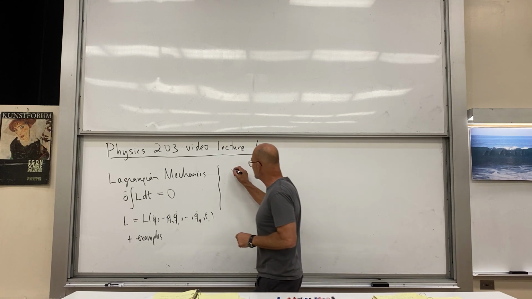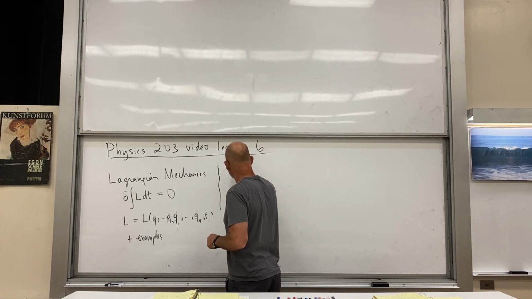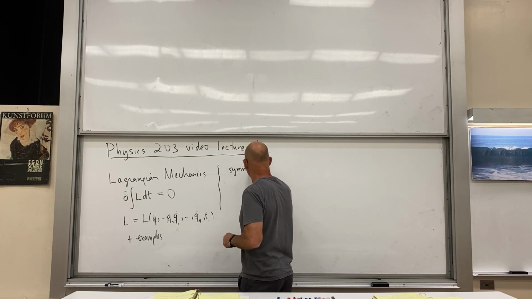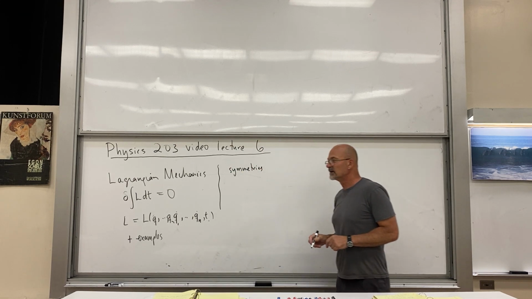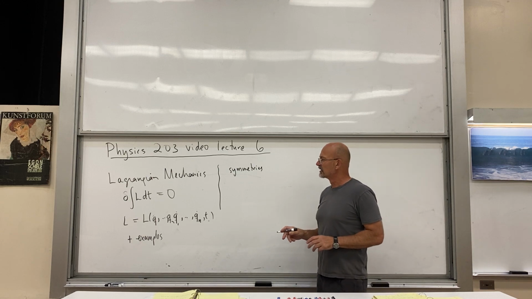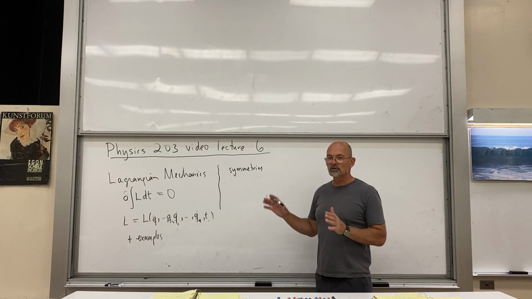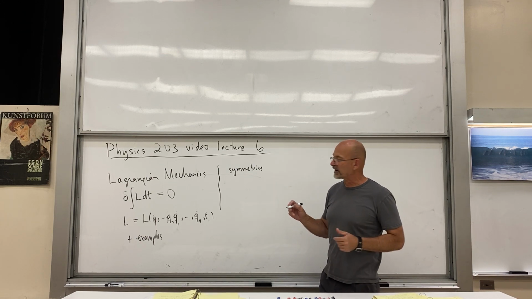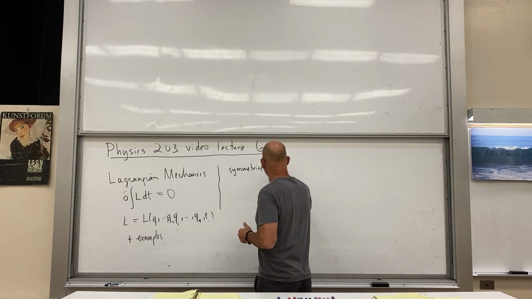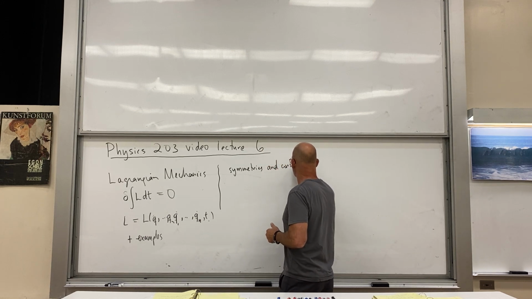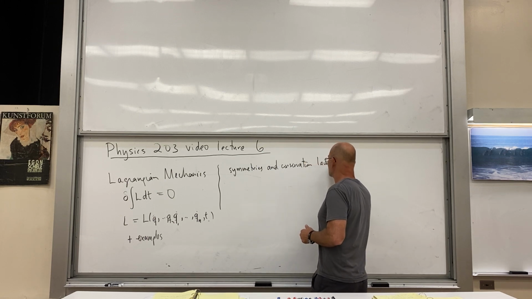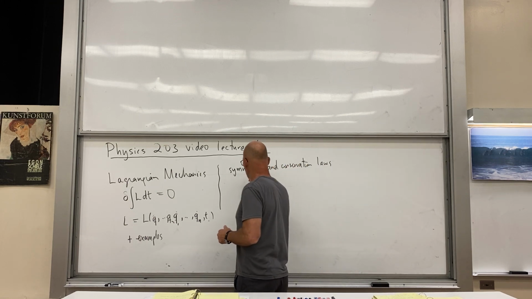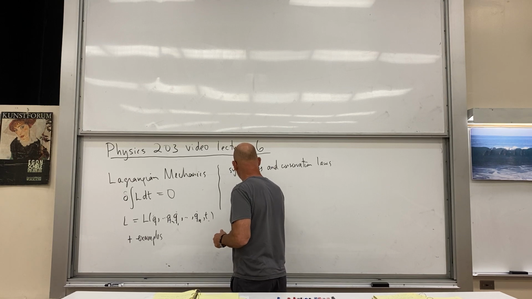The next thing was symmetries and conservation laws, which was a generalization of the fact that we find conserved quantities when we have cyclic coordinates. Okay? So symmetries and conservation laws. And yeah, we had cyclic coordinates.